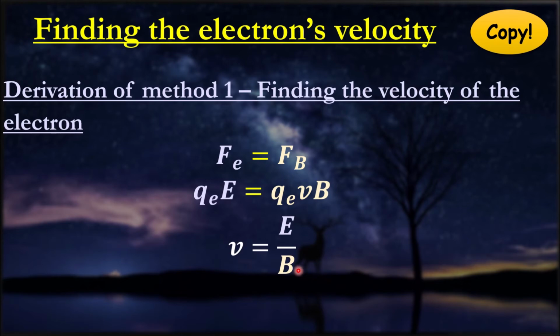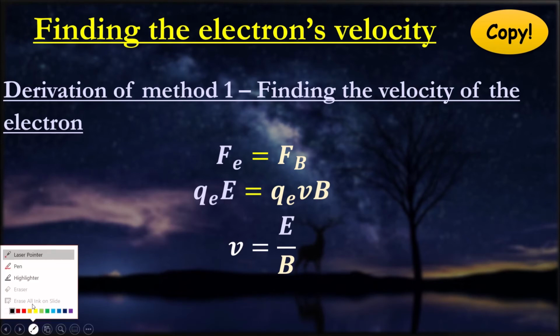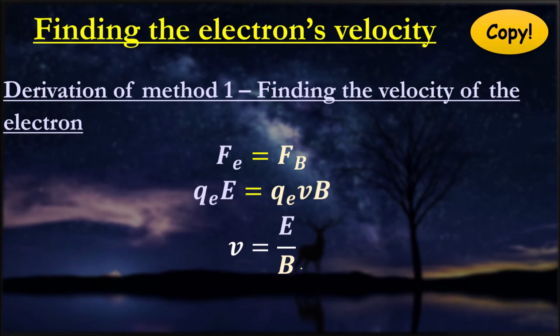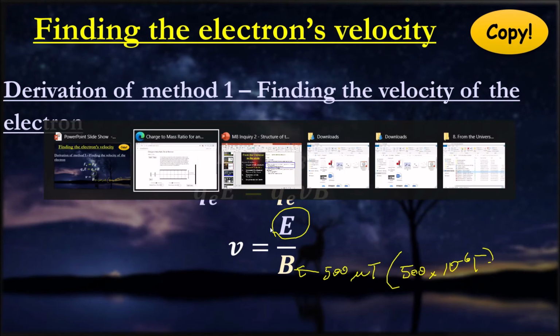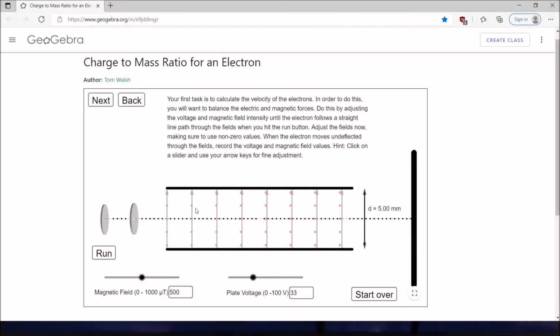So if we have a look at what we have, the magnetic field, I said earlier, was about 500 microteslas, which is also the same thing as saying 500 times 10 to the power of -6 teslas here. The next thing I need to work out is the strength of the electric field, which is not given to me.